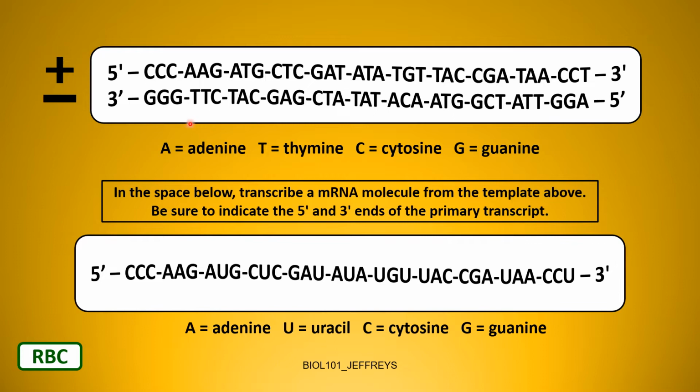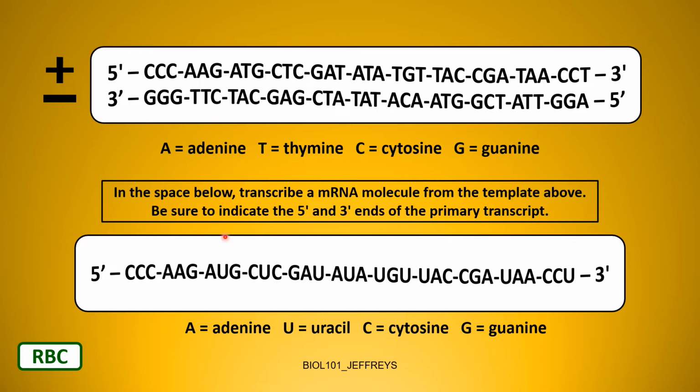And so you can do this by going one codon by one codon down here, or it's the same, right? 5' to 3', CCC, AAG, and the only difference is wherever you see a T, you're going to put a U.